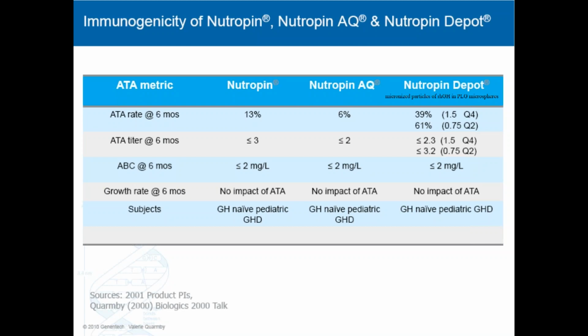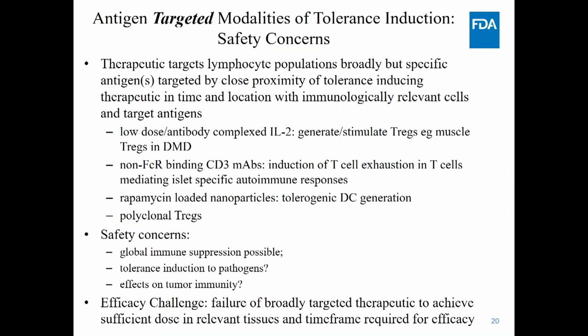And the issue here is not that these PLG microspheres converted a soluble product into particles, but that could be a scenario, and really one to focus on, because microspheres and nanospheres are increasingly evaluated in the context of antigen-specific tolerance induction.